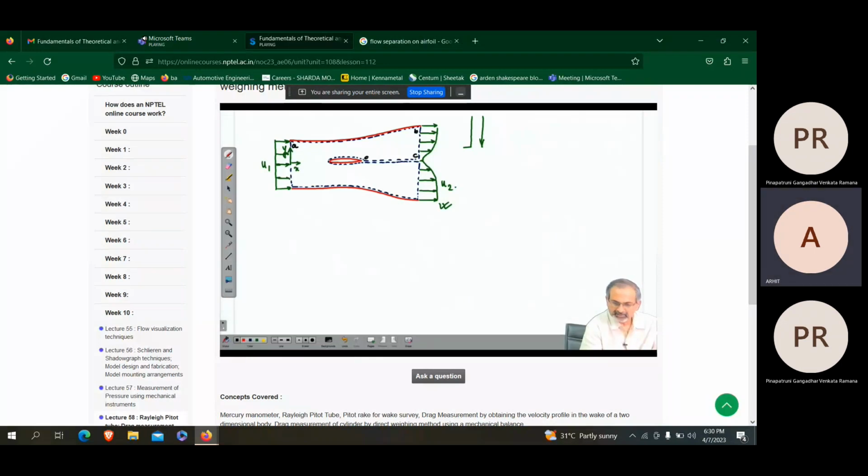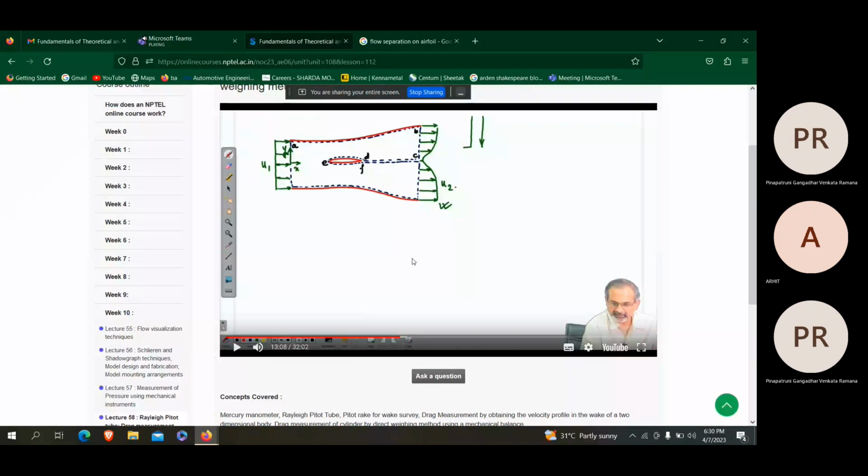Now, can you forward a bit? Sorry, sir. This is the momentum deficiency concept. Based upon your momentum deficiency, you can calculate the drag experienced by the fluid. This is a very important concept. You can forward a bit.